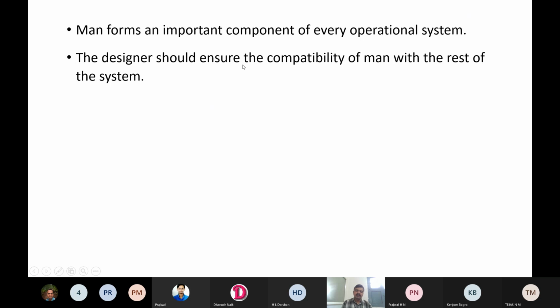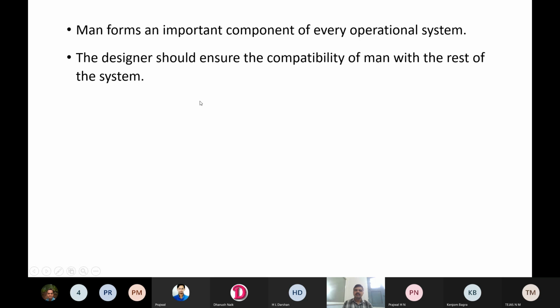Since simply someone cannot sit inside the car and drive the vehicle. For driving, it requires a lot of preparation, a lot of skill, a lot of training. Because interacting with any instrument or any machine requires a lot of preparation. Simply you cannot operate any machine, you cannot drive a vehicle.